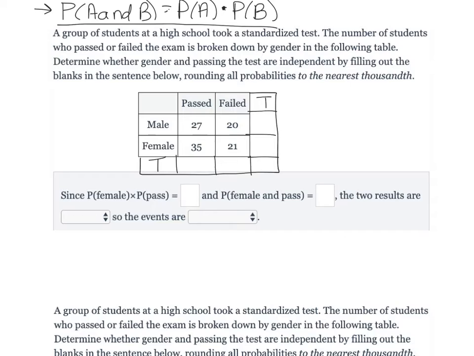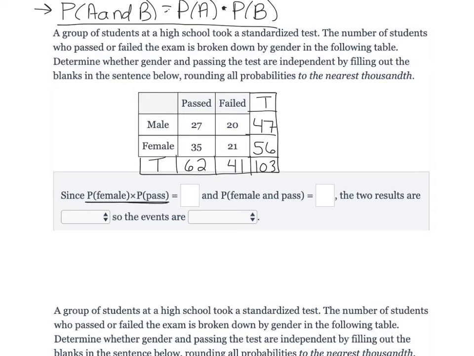So for my totals, there are 62 people that passed, 41 people failed. There are 47 males that took the test and 56 females for a total of 103 people. So the first thing, and once again, this is guided. If we were in class, you'd have to figure out what to use first.